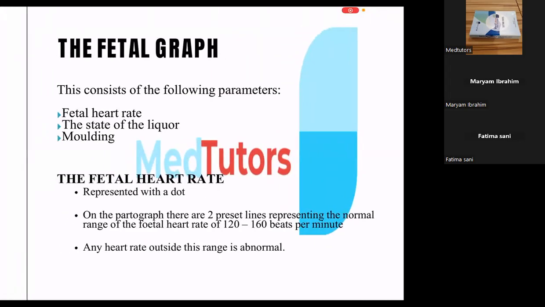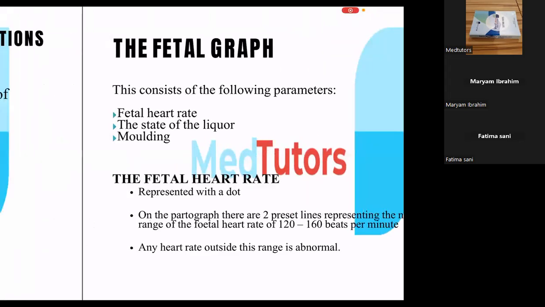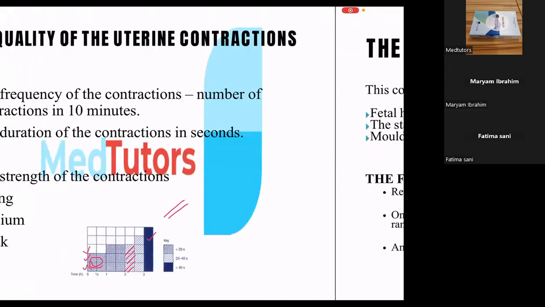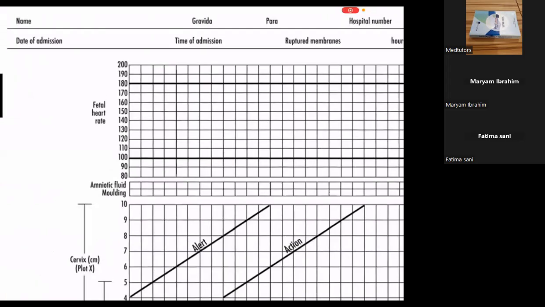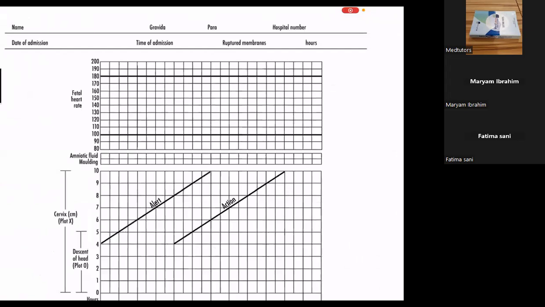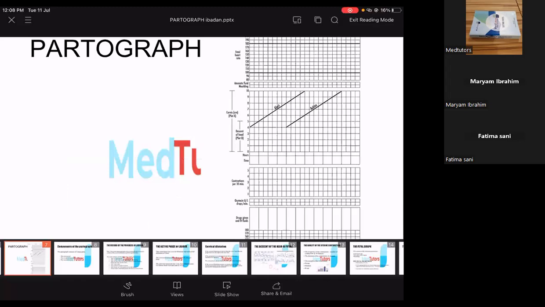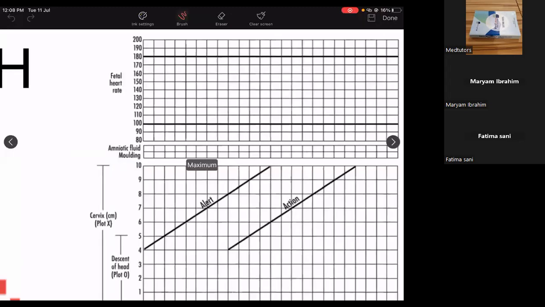So in some partographs, like in this one, this is the old partograph which had the fetal heart rate from 100 to 180, but now it has been revised and the normal heart rate is 120 to 160. So these are the preset lines I'm talking about.